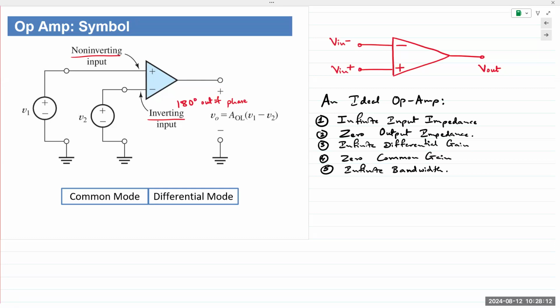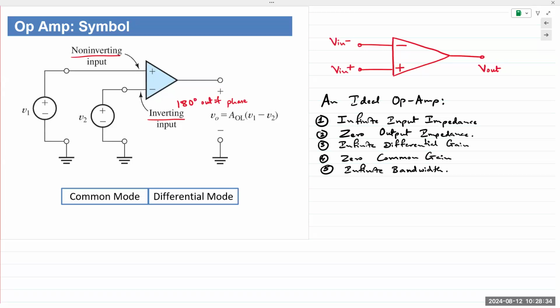At the same time, point number 4, zero common gain, meaning any portion of the inputs at those two terminals that is common will be completely attenuated, completely reduced to zero.